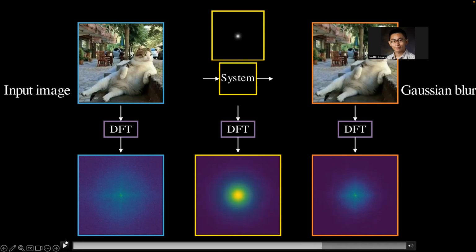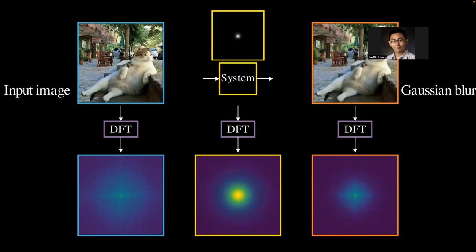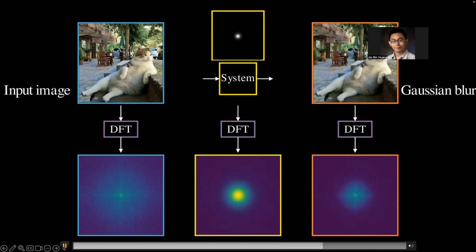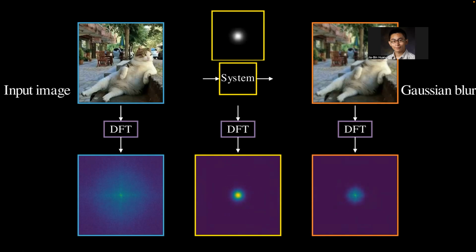All right, so let's see what happens when you increase the kernel size or increase the sigma, basically more blur in the spatial domain. Here you can find that if you increase the blur, you remove more and more high frequency signal.